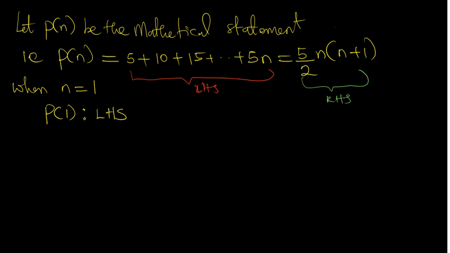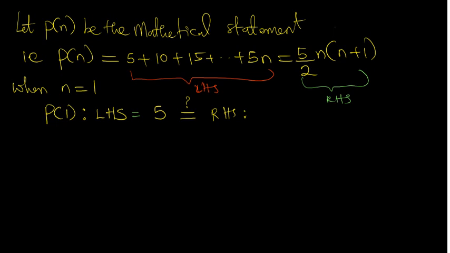The left hand side, when n is 1, is just the first term, and that is going to be 5. So we want to ask, is it equal to the right hand side?